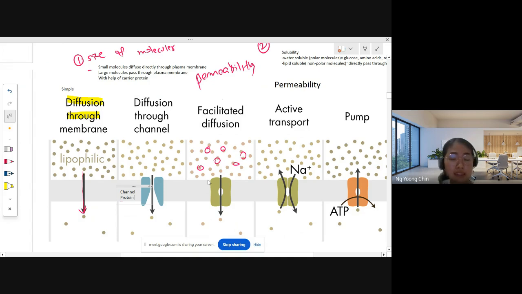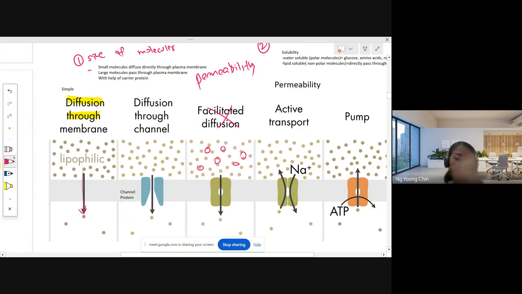Their purpose is to help transport polar or water-soluble substances, which are unable to pass directly through the plasma membrane like in simple diffusion. So they require help from the channel protein. Facilitated diffusion, we didn't learn much about it in our syllabus, so I will just take it across.